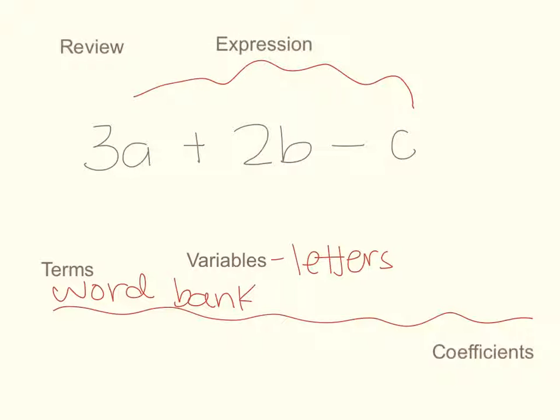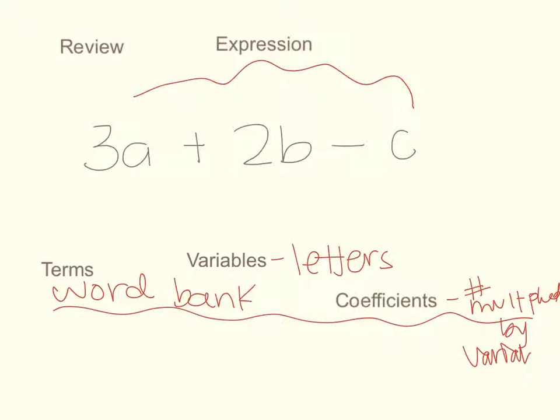The last one is our coefficients, which is the number being multiplied by the variable, such as 3, 2, and this one, it doesn't have anything listed, so technically it's 1. And that is the number multiplied by the variable. Okay, hopefully that's just a review for you.